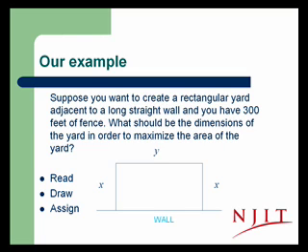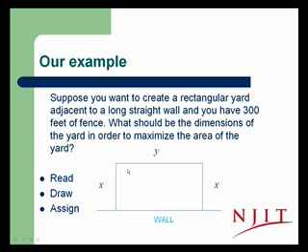Let's go back to our example. Suppose you want to create a rectangular yard adjacent to a long straight wall and you have 300 feet of fence. What should be the dimensions of the yard in order to maximize the area of the yard? So we have a long straight wall. We have 300 feet of fence with which we're going to make a rectangular yard. So I used X to represent the length of fence perpendicular to the wall.